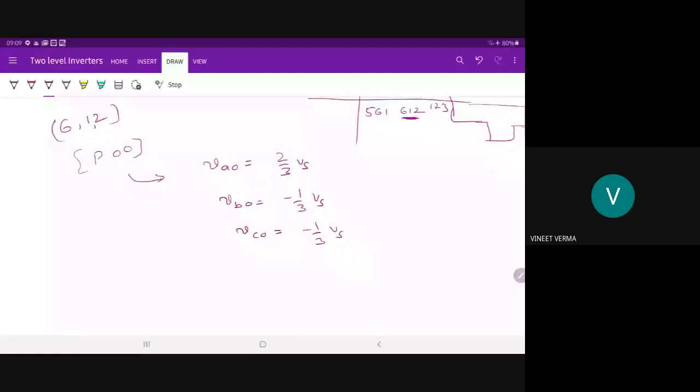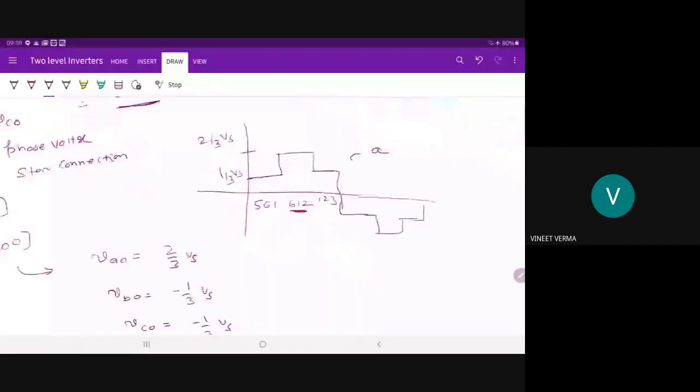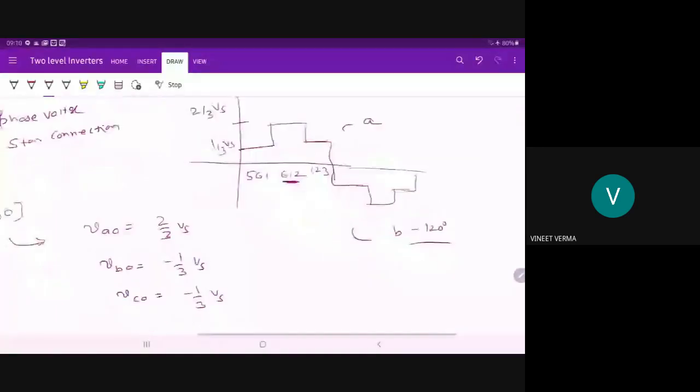Right, this is the A phase output. Similarly, the B phase output is displaced by 120 degrees, and the C phase by another 120 degrees, right?